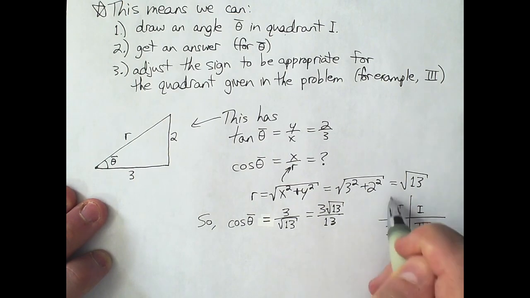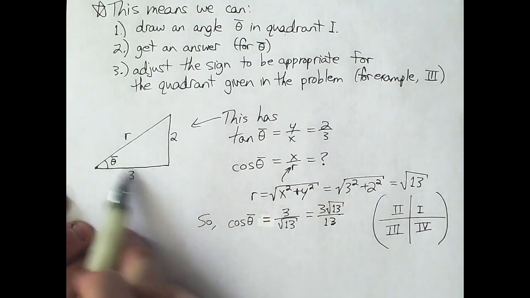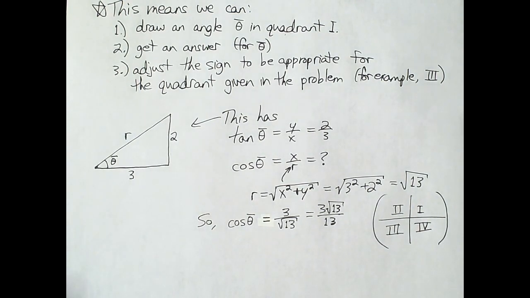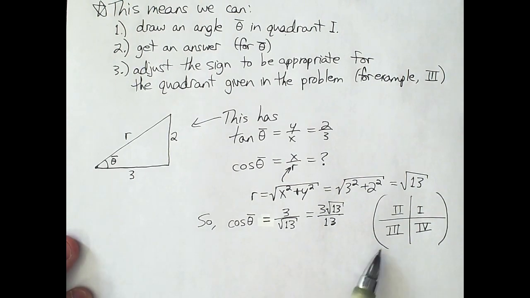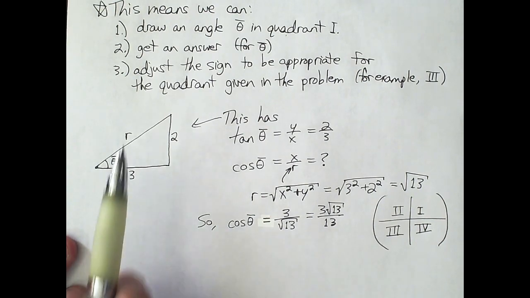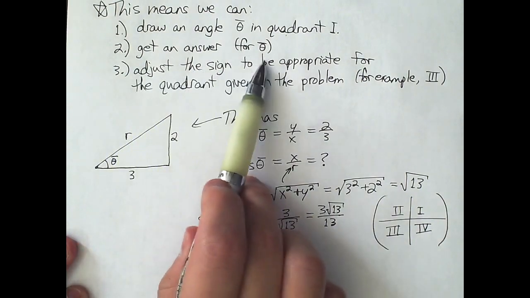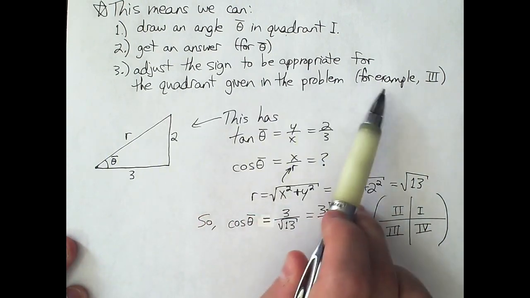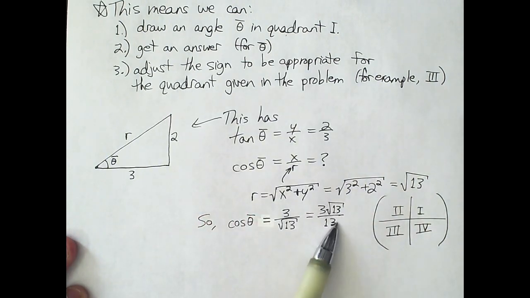They go in this order. I said that everything here has been taking place in quadrant 1, but this problem says theta is supposed to live in quadrant 3. We need to do step 3 of the process. We need to adjust the sign to be appropriate for the quadrant given in the problem. This is the answer, but does it need a plus in front of it, or does it need a minus in front of it?